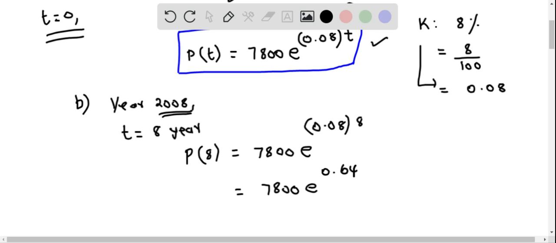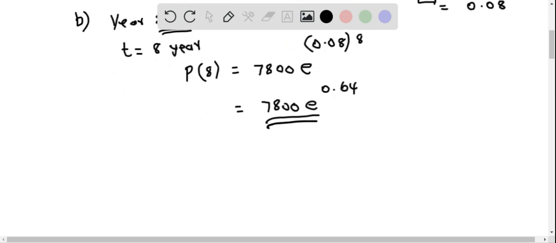So we now put this expression into the calculator to determine its value, and when we do that, approximately we get 14,792.5. This is in decimals. So let's convert this to integers. So we say that the population is 14,793, and this is the population in the year 2008.